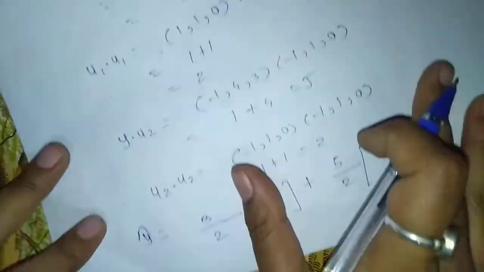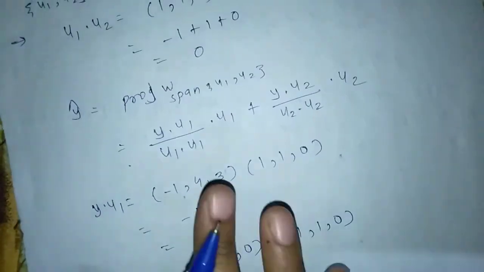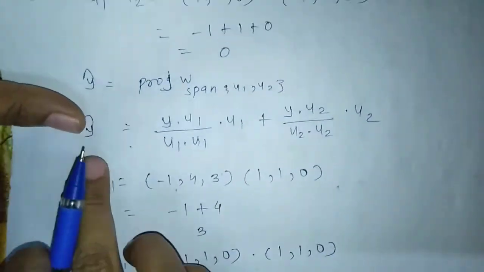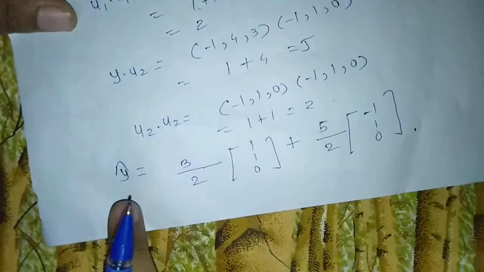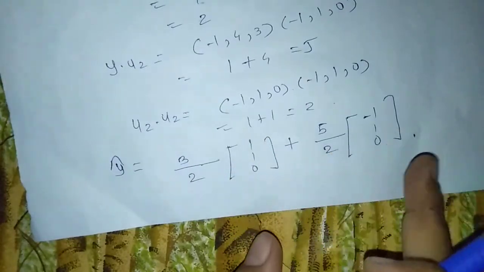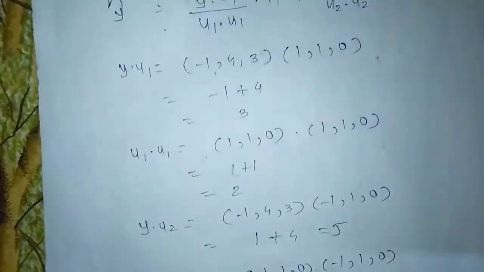You can see that this formula becomes y cap is equal to 3/2 (1, 1, 0) plus 5/2 (-1, 1, 0).